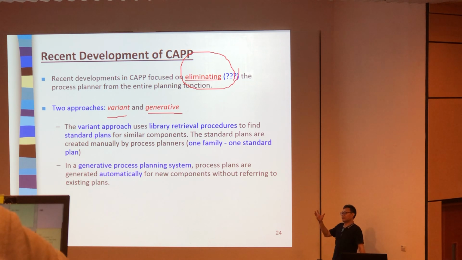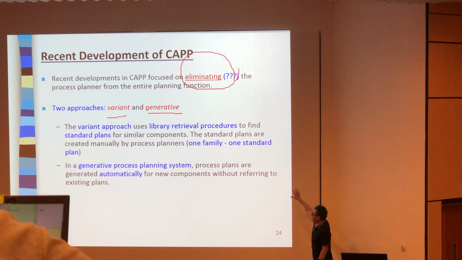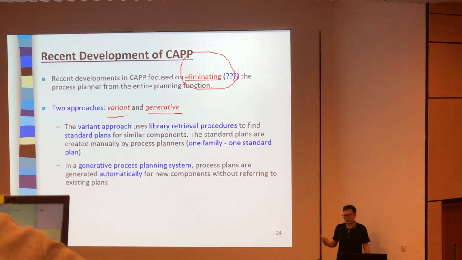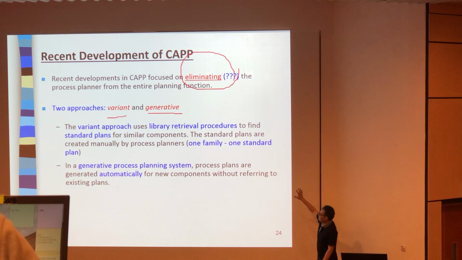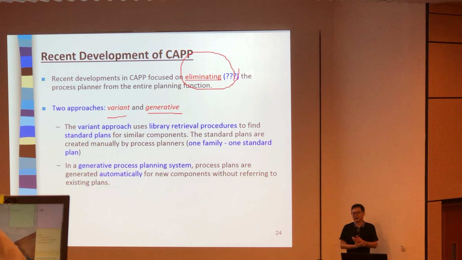By making use of the so-called intelligence or decision-making logic in the system, the system can perform just like human beings, to produce a process plan for any incoming job. People tried a lot of different methodologies, even artificial intelligence, to create this kind of system. So eventually, this is the ultimate. This is certainly something we wish to have. The generative.